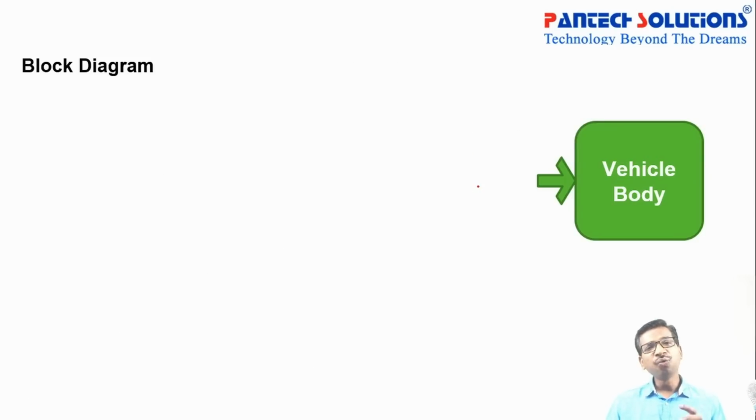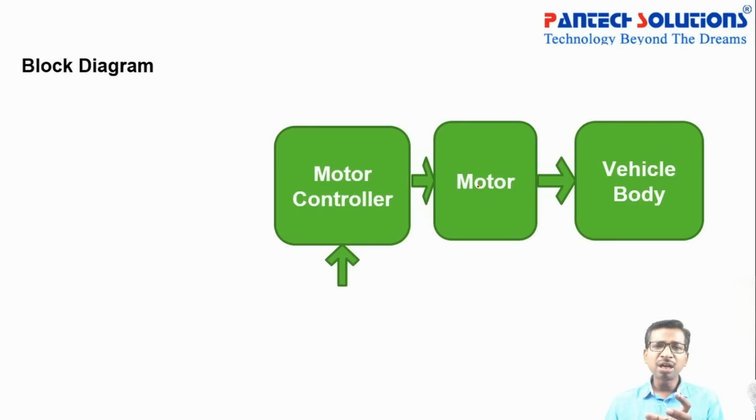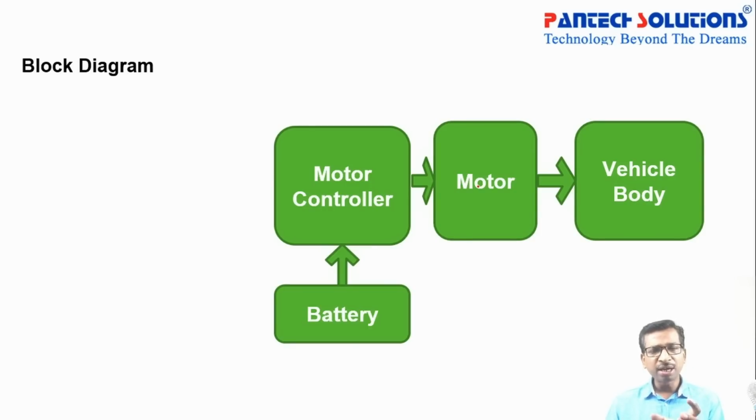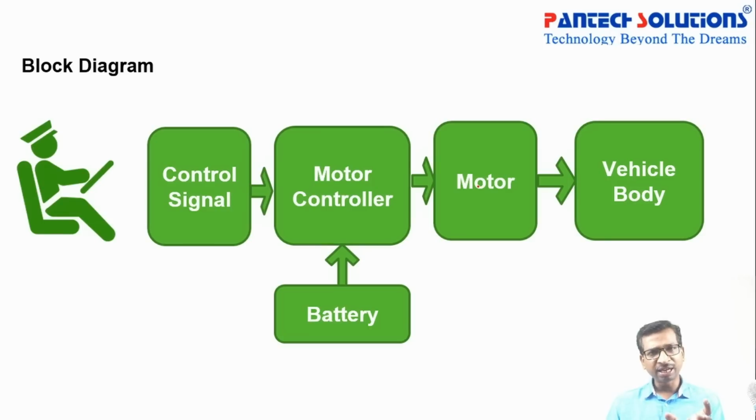And how can we drive the motor, that is, how can we drive the vehicle? That is the vehicle body. The vehicle body will receive power from the motor. The motor is controlled with the help of the inverter, that is, a motor controller. And this motor controller unit or inverter is powered by the battery. In addition to that, the control signal, called the drive signal or drive cycle, is applied by the driver unit.